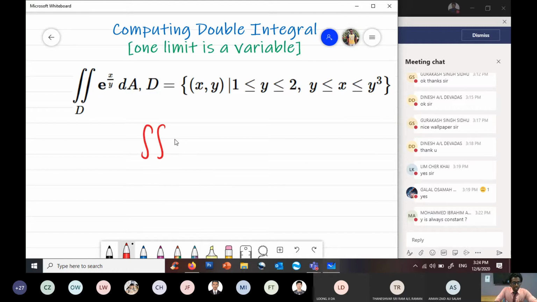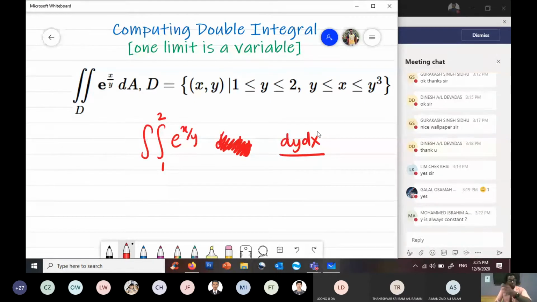So now, I just taught you that if you have a double integral, in this case x over y, you can either choose dx dy or you can choose dy dx. I told you it's up to you. But in this case, imagine if you do dy first and then dx. If you choose dy first, then your y limit is from 1 to 2.